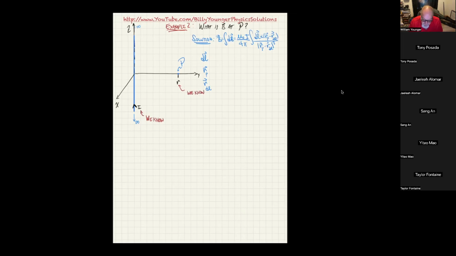Can anybody tell me what the vector rp would be? And r is just a number, by the way.